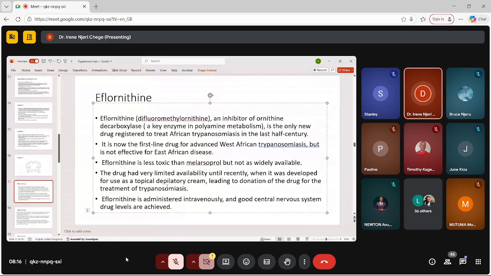That is the structure of eflornithine. Eflornithine hydrochloride, so it is a hydrochloride salt, as you can see there.